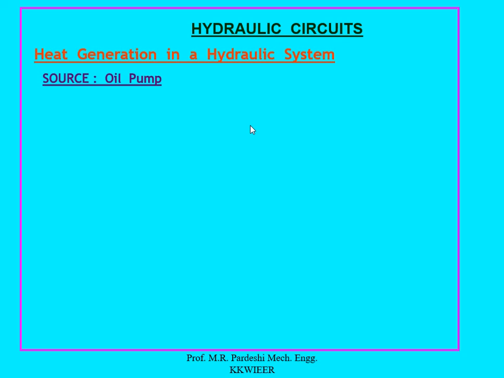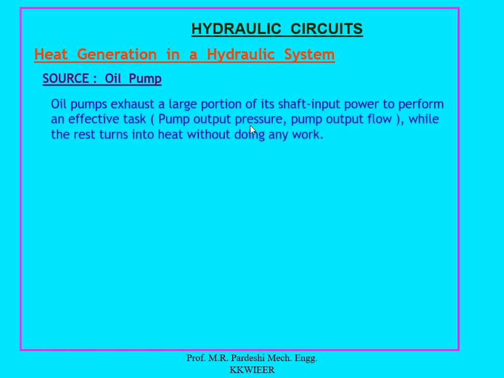So we need to condition the oil, or provide cooling for the system oil, to avoid heat generation in the oil from the application. Oil pumps convert a large portion of their shaft input power into useful work, the pump output pressure and pump output flow, while the rest turns into heat without doing any work.